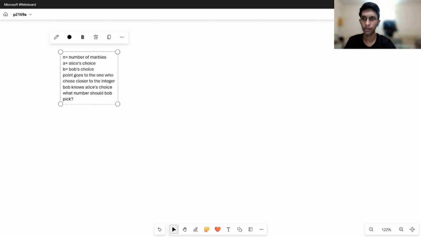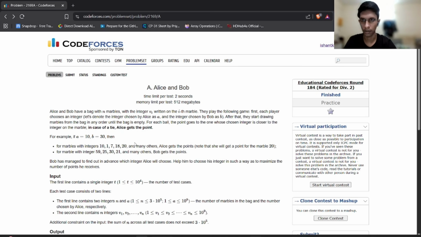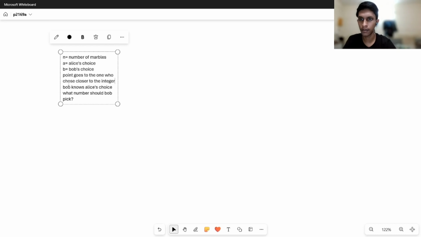The point goes to the one whose chosen integer is closer to the integer written on the marble which comes out from the bag. Whoever's chosen integer is closest to that marble, the point will be given to them. And if it's a tie, the point will be given to Alice. It's written here actually: in case of a tie, Alice gets the point. So let's move on.